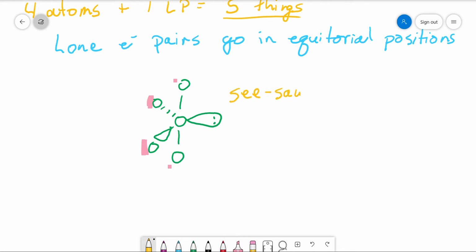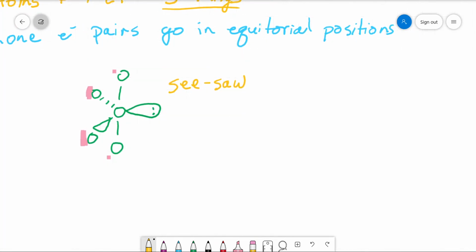And that is the name of this shape, seesaw. Let's talk about an example molecule, SF4. Okay, SF4 is that seesaw shape.